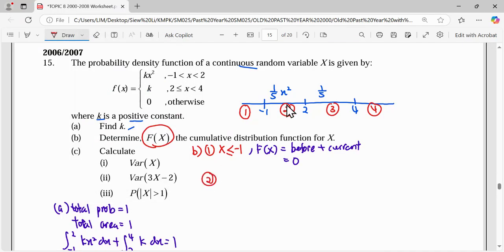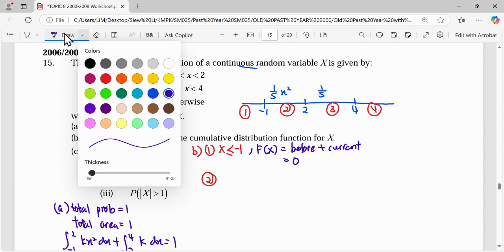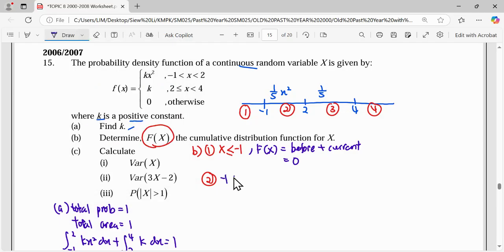Second step, second interval. When we see the second interval, it is -1 until 2. So for F, when you add the second interval, you can see before this we don't have anything. We didn't manage to accumulate any area, but currently we have the area under the graph here, which starts from -1 up to the current position, which is up to x. So we haven't finished until 2.